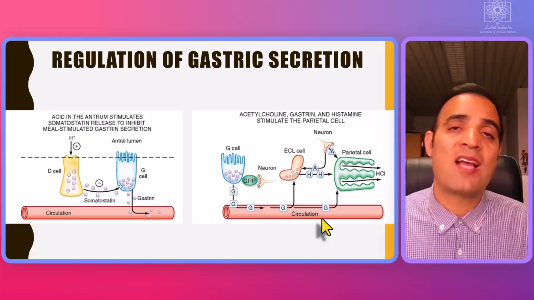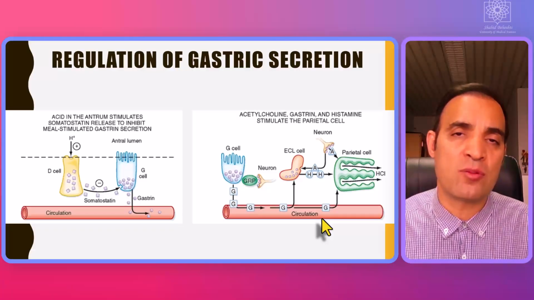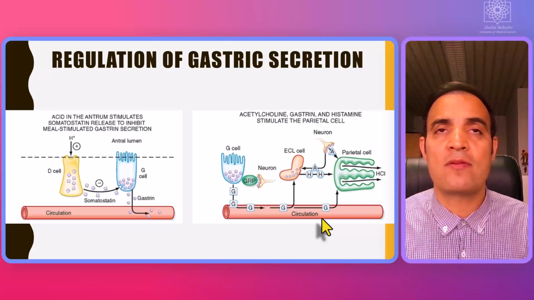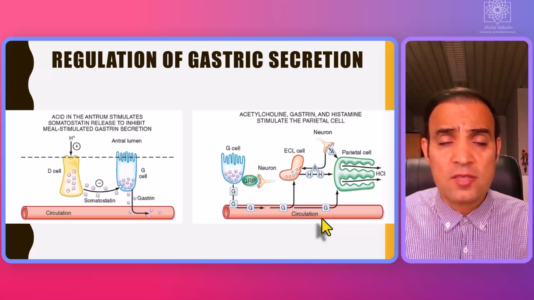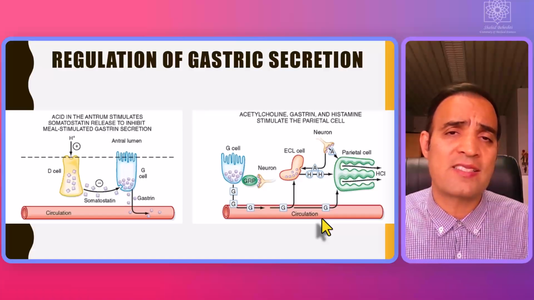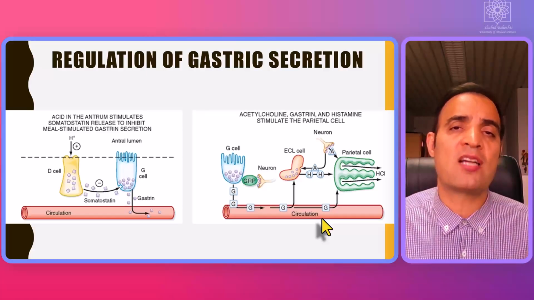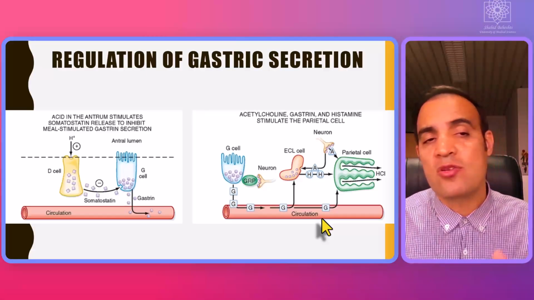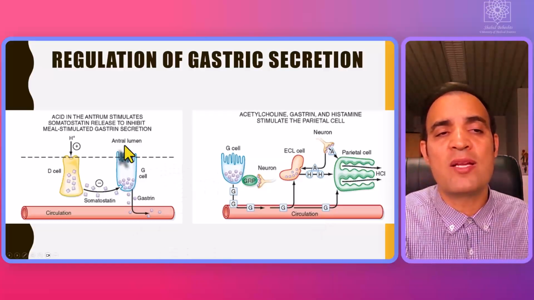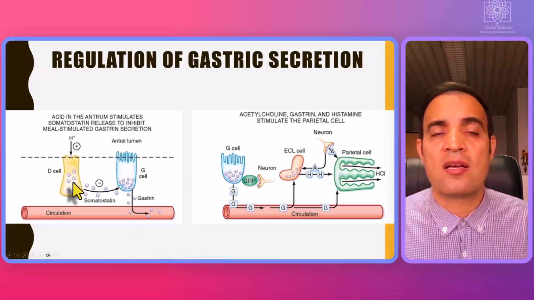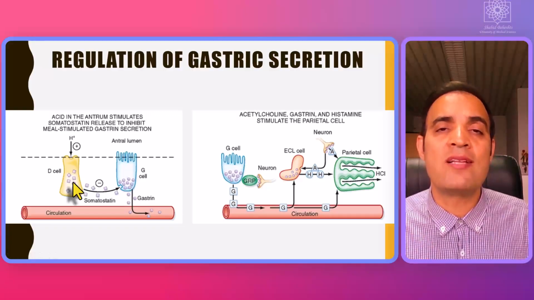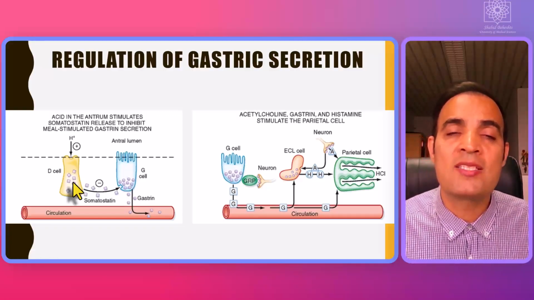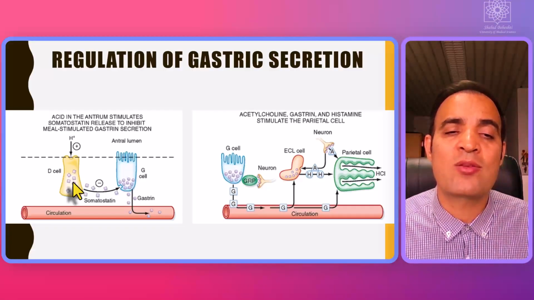On the other hand, we have some inhibitory mechanisms for control of acid secretion, particularly a negative feedback mechanism. Here you can see when inside the lumen hydrogen ion concentration is increasing, then it stimulates these cells to release a hormone named somatostatin.